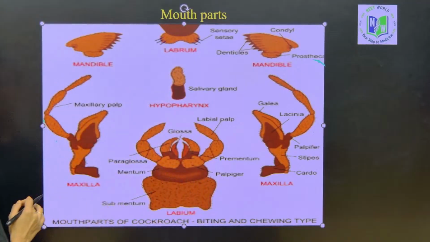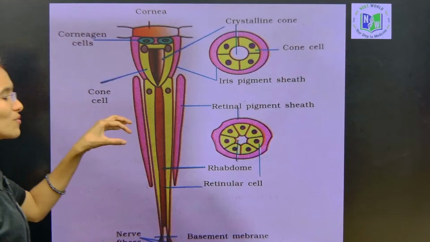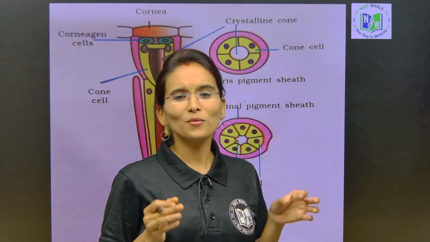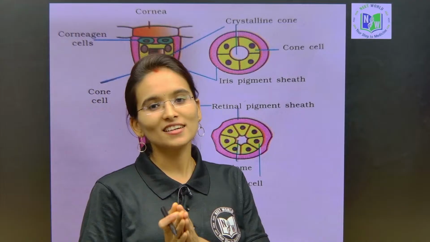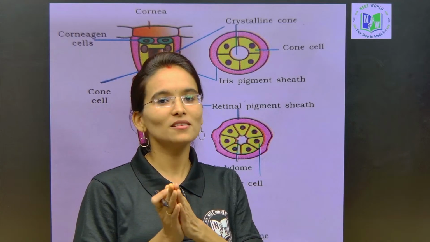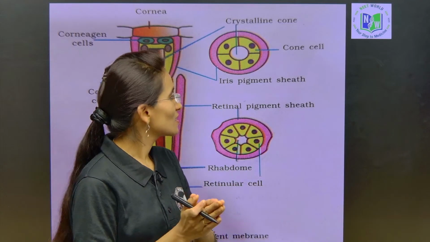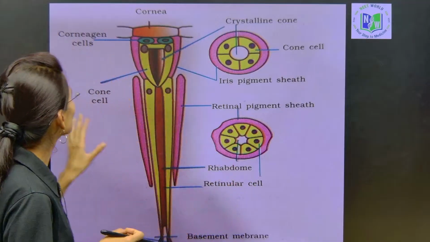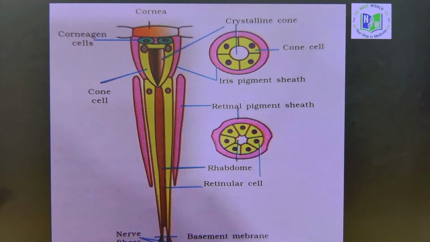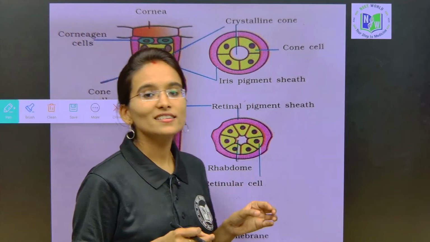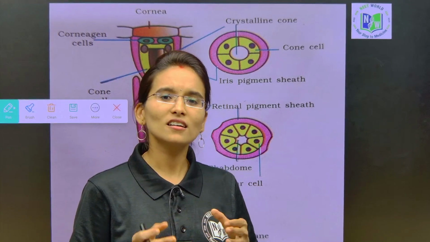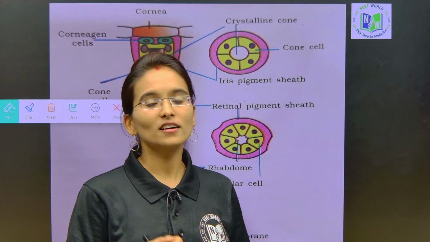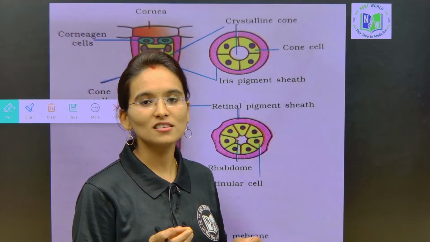And the next one, what we have understood, my dear students. This is also one of the most expected and most repeated short answer type questions from the IPE point of view. Generally, these two questions, the mouth parts of the cockroach and the structure of the ommatidium, are the mostly repeated 4 marker questions from this chapter.